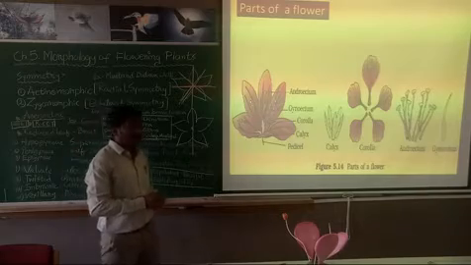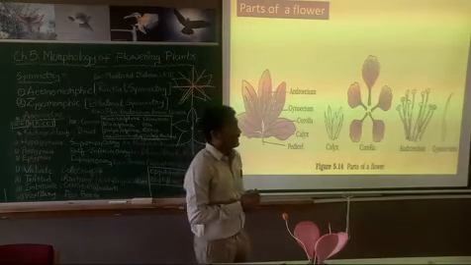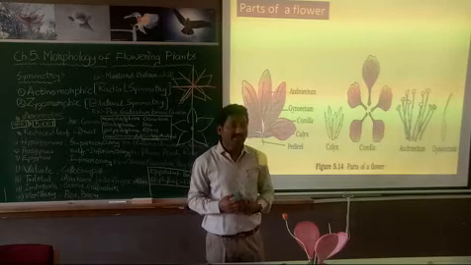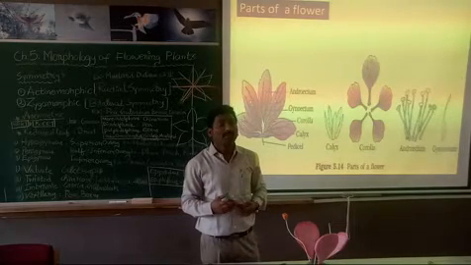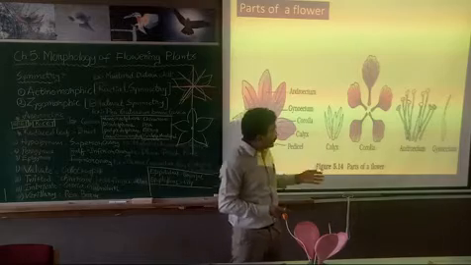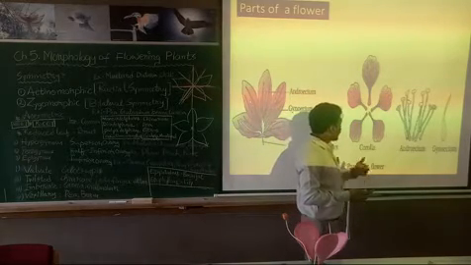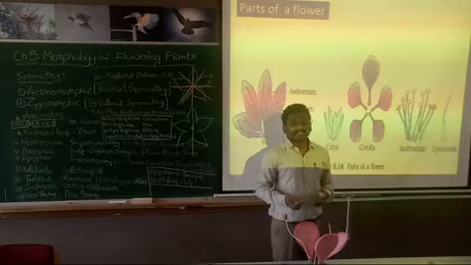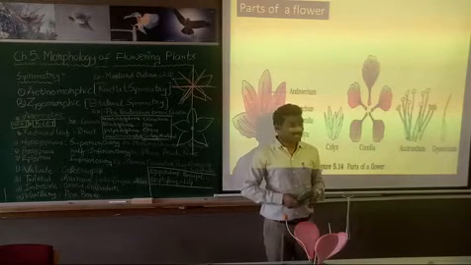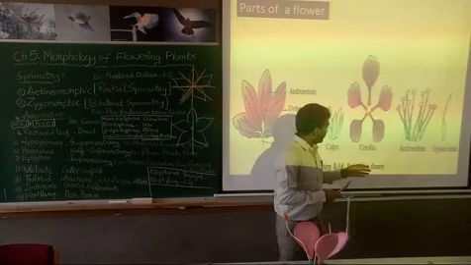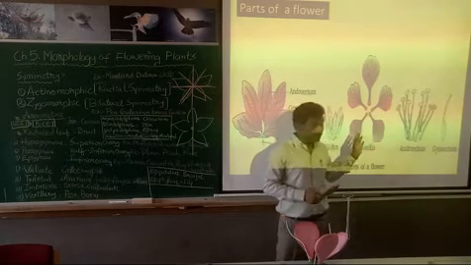It also has a distinct characteristic of emitting different kinds of fragrances. This is also for attracting insects and other agents for pollination. So here the pollination function is helped by whom? Corolla, by attracting agents, insects or animals or wind or water, etc.